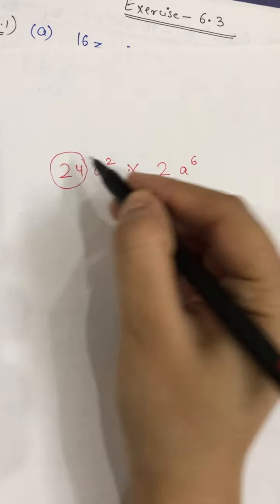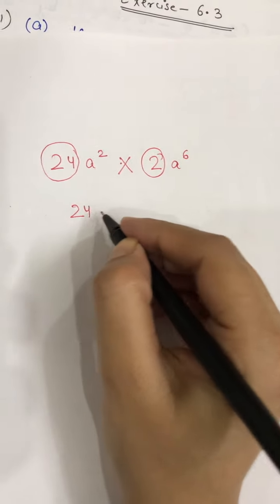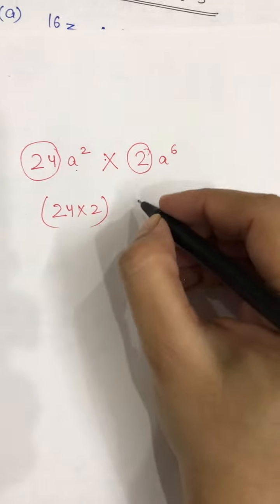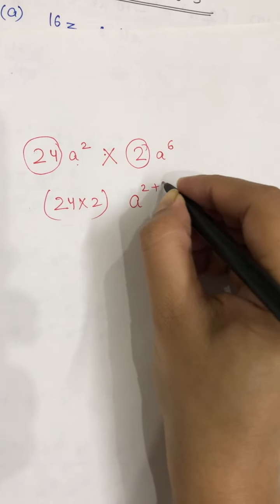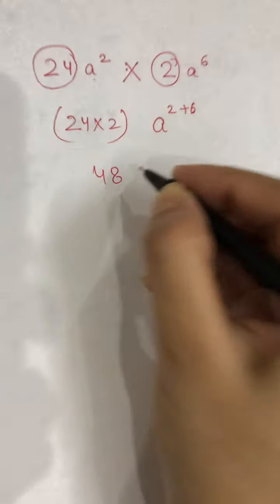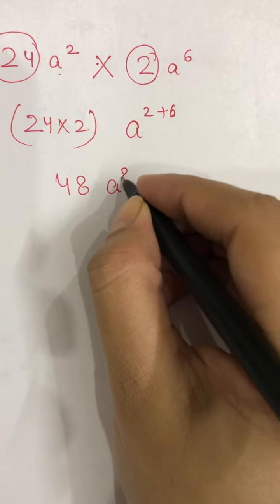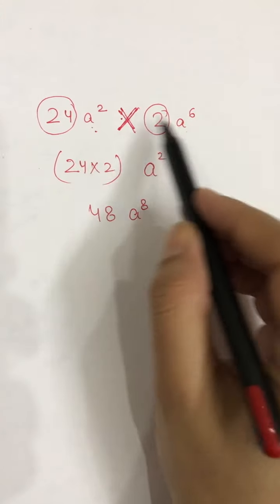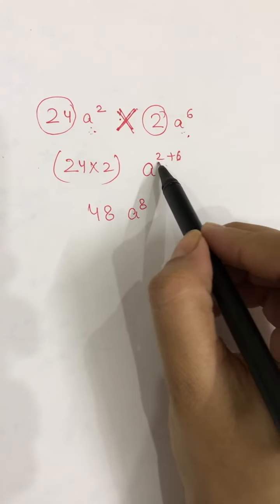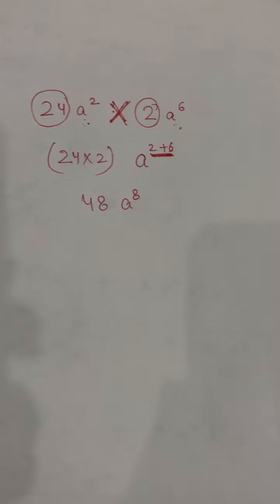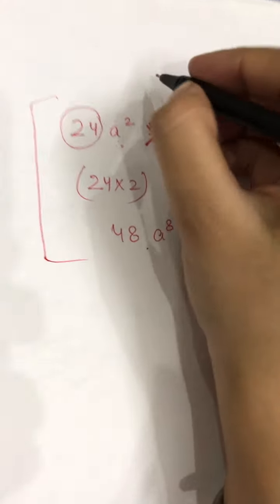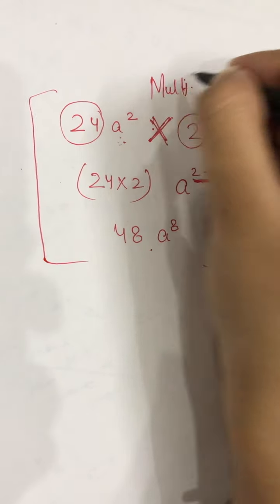You multiply constant with constant, 24 multiplied by 2, and for variable with variable you have to add the powers, 2 plus 6. So it will be equal to 48a raised to power 8. So in the case of multiplication, when you multiply variables, your powers will be added. You have to add the powers. So this is the case of multiplication.